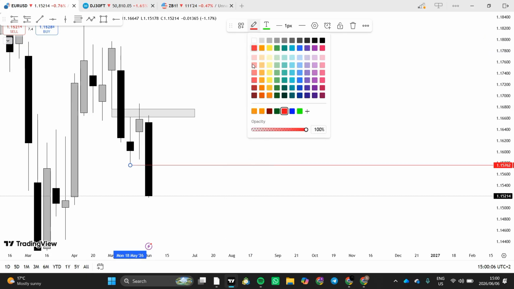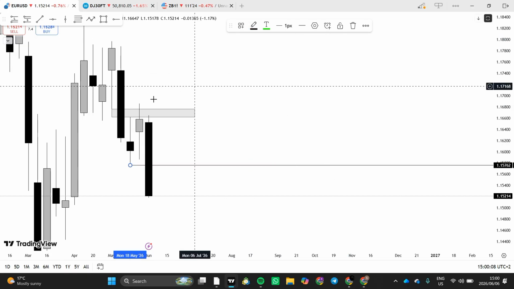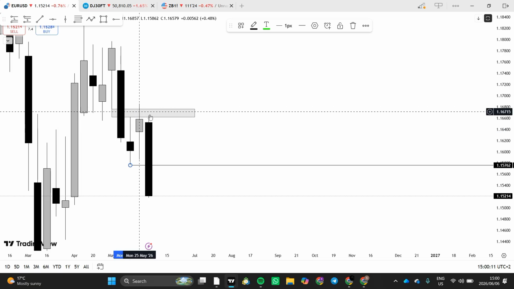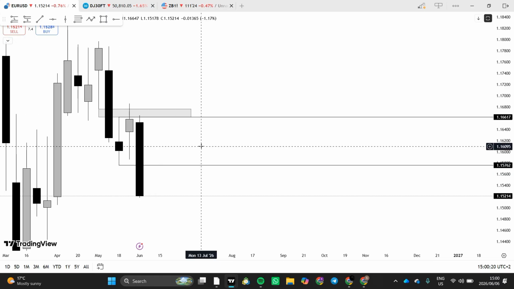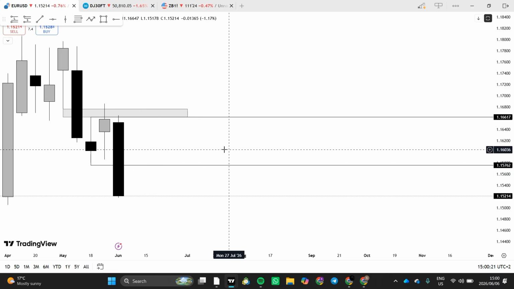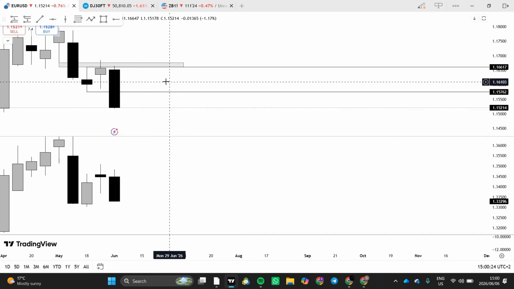So the market does two things. It moves from internal liquidity, which we had right over here, towards an external liquidity right over here. That was on the EU.